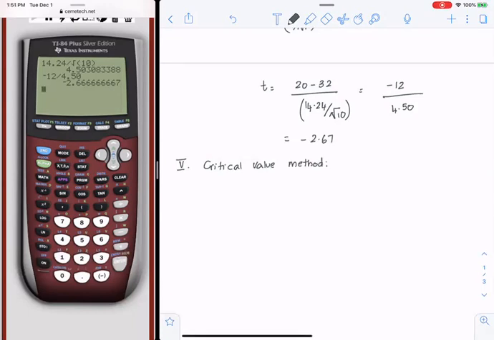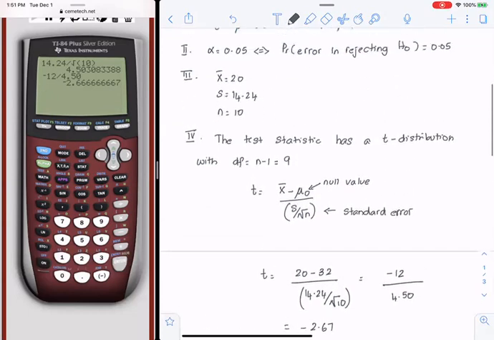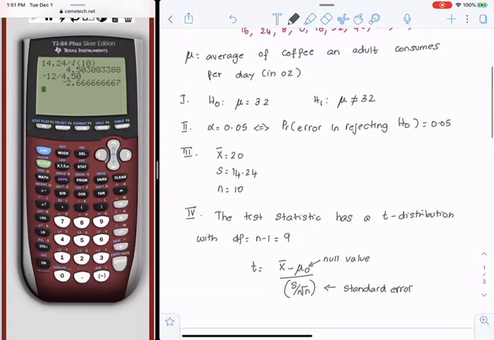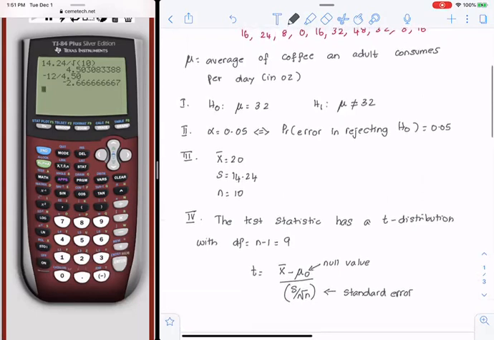So with the critical value method, we have to identify the rejection region, and we identify the rejection region using the value of alpha that we have. The value of alpha that is given in the problem is 0.05.